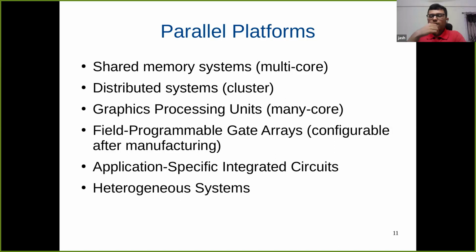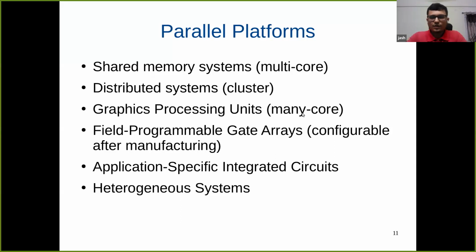Yes, sir. So the question here is what is best suited for which scenario? This is quite a difficult question to answer because there might be multiple scenarios. But in general, as a rule of thumb, as I told you, you can choose between CPU and GPU based on the type of parallelization that you can extract.